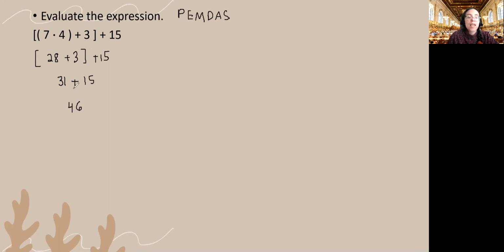Okay. And it's really important here. I know you might be thinking, well, we added here and we have addition on the outside. Why can't I just drop the parentheses here and just add all of these 3 terms together? You can do that. I would encourage you to get into the habit of continuing to bring your parentheses down with you, your brackets, parentheses, because you may not always have that situation.